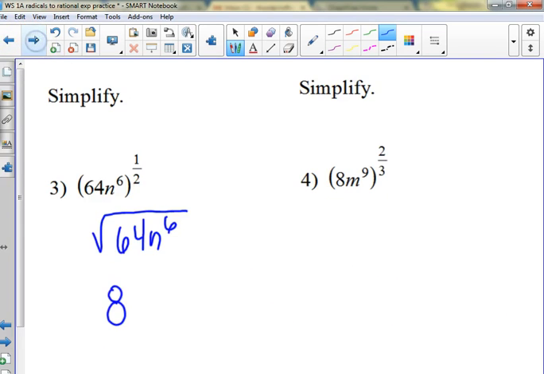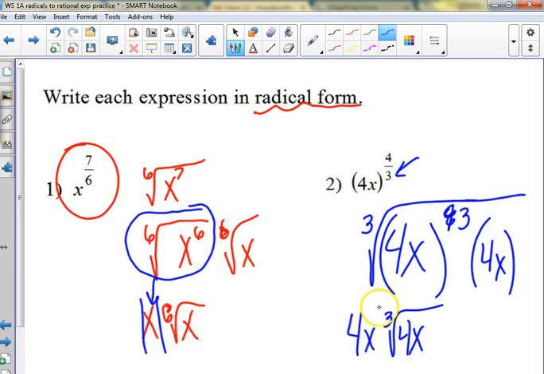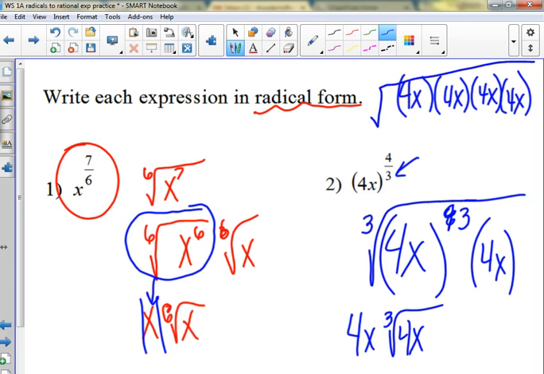Because there isn't a cube root of 4 that comes out nice. Because this whole quantity was there 4 times. This means 4x times 4x times 4x times 4x, and then the cube root.